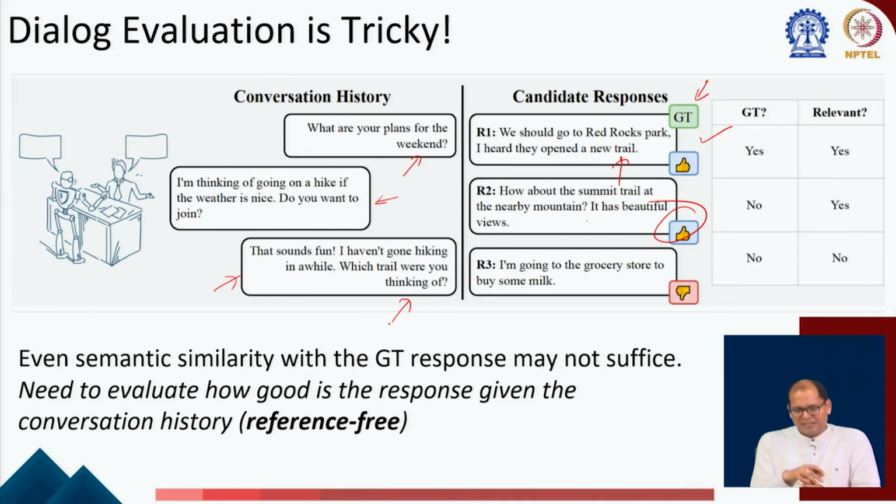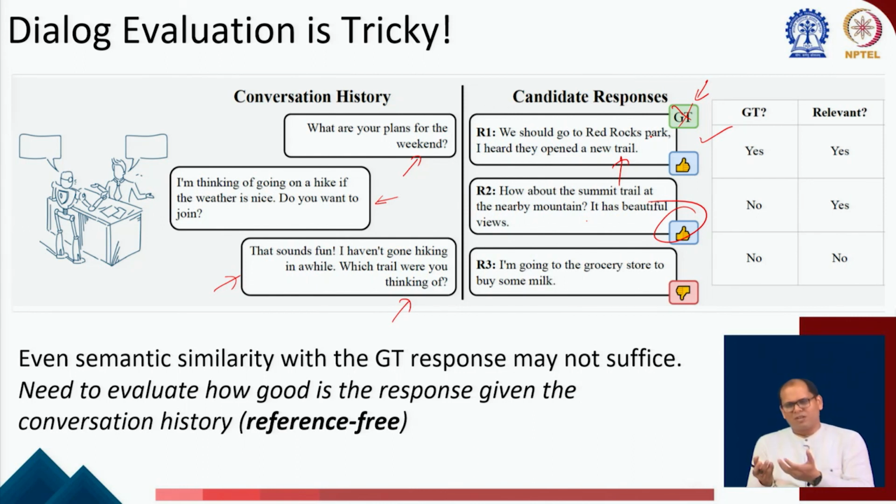So, that is where there is the idea of reference free evaluation, that suppose I do not look at the ground truth, okay, but I just look at the context. Given the context, is my response a good response or not, right. But how do we do that? The idea is that what if I pre-train my model on a lot of data where I have the context, and I show it the valid response and show it some negative response, and let it differentiate between a positive response and negative response.